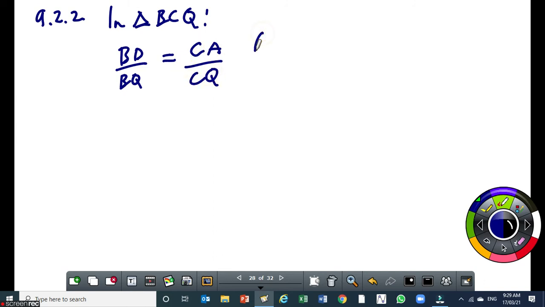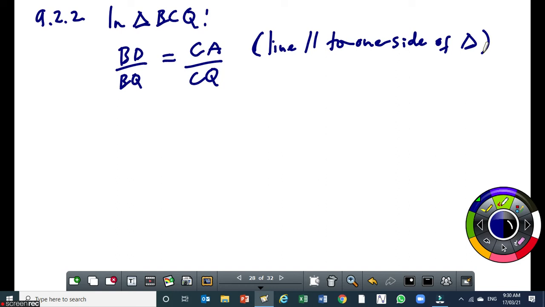Then I must give a reason there. My reason is the proportion theorem, that is line parallel to one side of a triangle. If you like proportion theorem, then you must take the lines that are parallel.